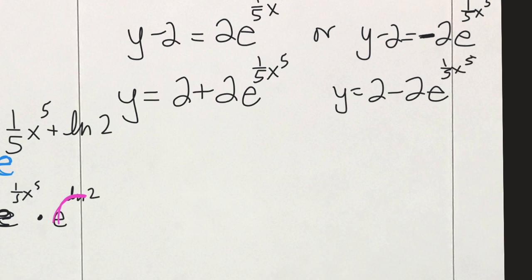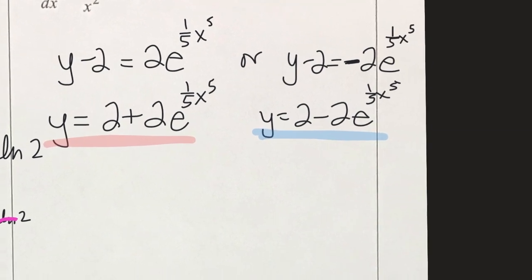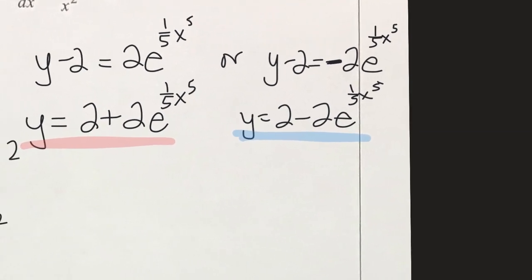So which one is it? Is it the left equation with a plus, or the right equation with a minus? The only way we can tell is by once again looking at the initial condition. When x is 0, we want a y answer of 0. So let's plug in 0 and see what we get. That's 2 times e to the 0, and e to the 0 is 1.